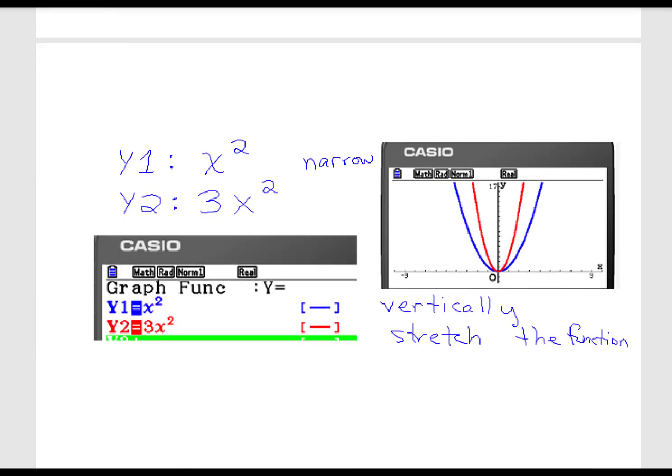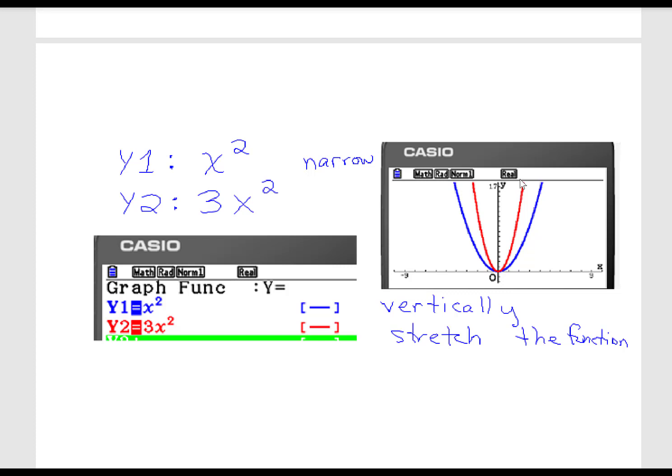Okay, so we see that basic function of x squared, and that's going to be the one in blue, and then we see where there's a coefficient greater than 1 in front of it, 3x squared. So look what happens, it becomes more narrow. And again, at least to me, that at first seemed backwards, because I'm like, hold on, the value is increasing and it's becoming more narrow.